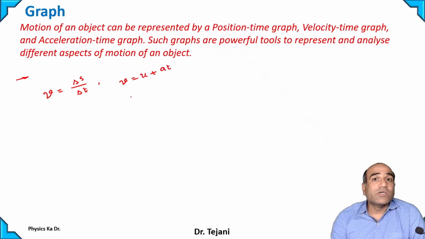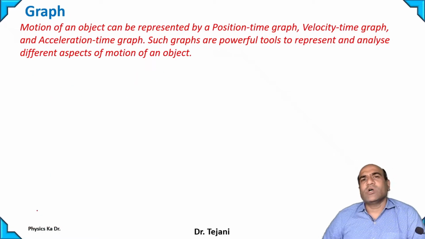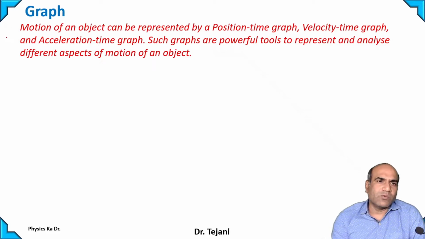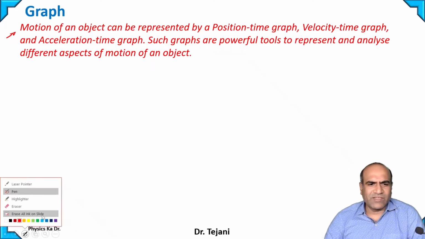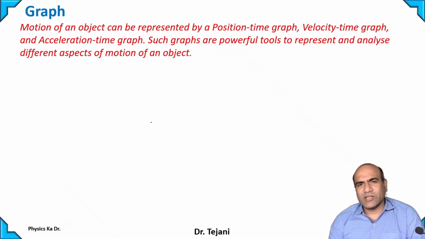Also, we have two more equations. v square is equal to u square plus what? Tell me all the equations. By using these equations also, we can solve. But there is one more method, a graphical method, and we can use this one. Let us understand the detailed explanation.